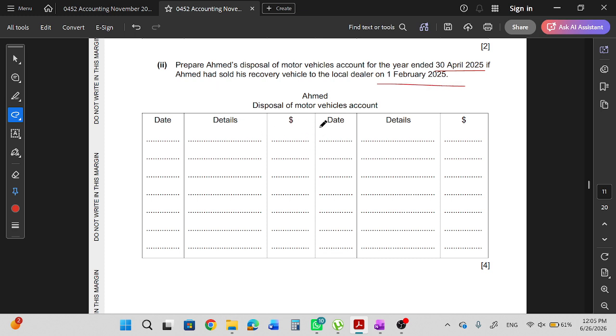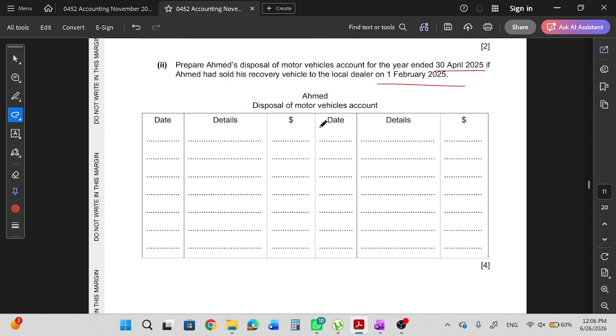So this is disposal account, very important, and sometimes students get confused in this account. Actually, this account has a clear format that you have to memorize. Just what items come on the debit side, what items come on the credit side.